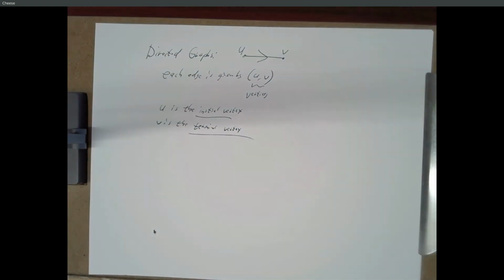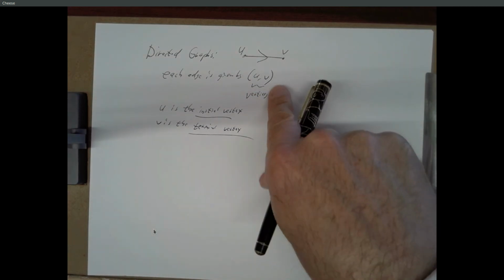It starts at U, ends at V. Each edge is given by U comma V.